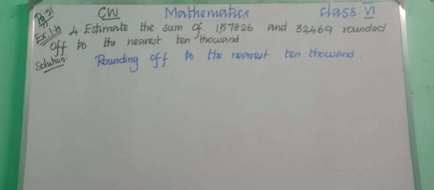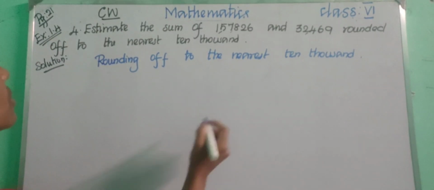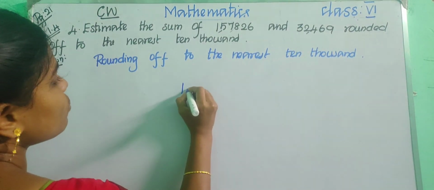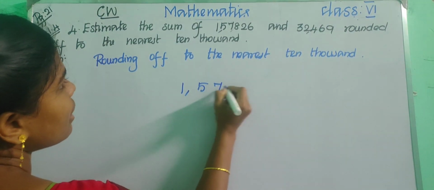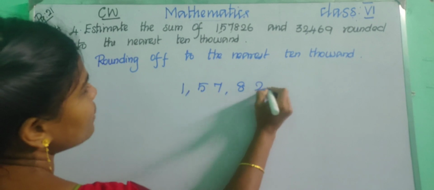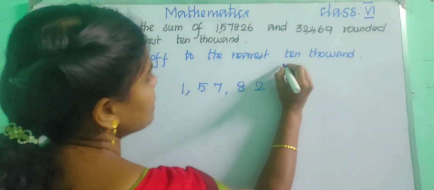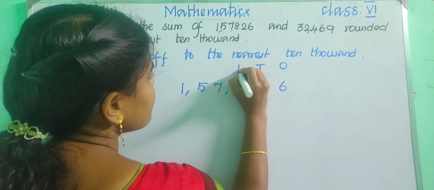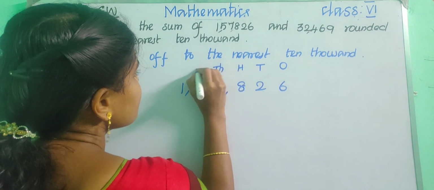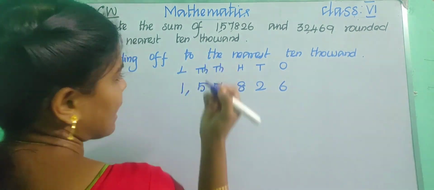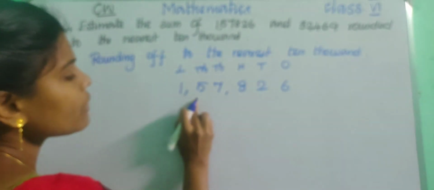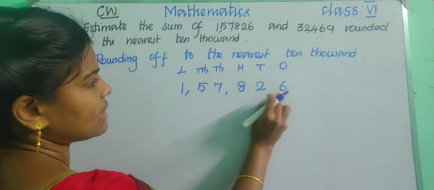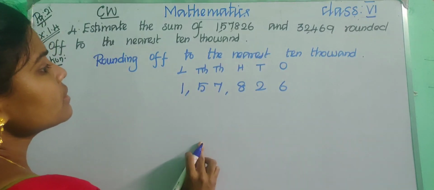Now what we need to do? We need to find the sum. So 1,57,826. Let us write the place value chart. Ones, tens, hundreds, thousands, 10,000s and lakhs. So 1,57,826.